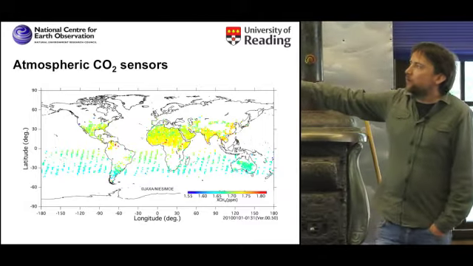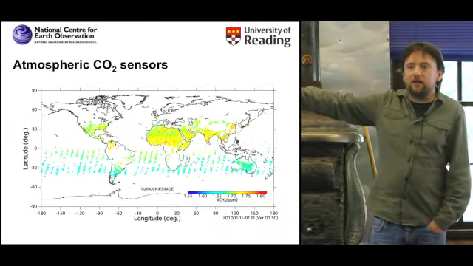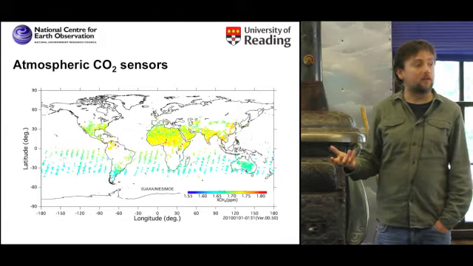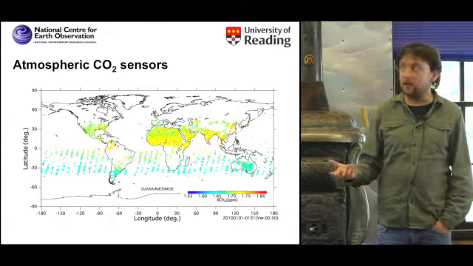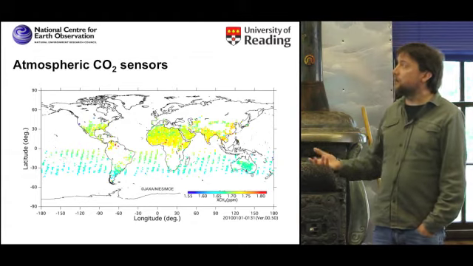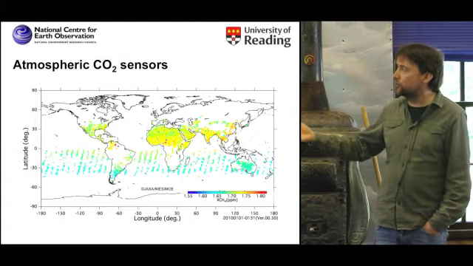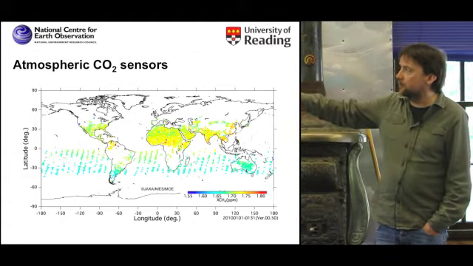Many of you will be aware that we now have in space instruments which can monitor the column average CO2 in the atmosphere. That's great, and they are starting to become mature. This slide is a little bit out of date.